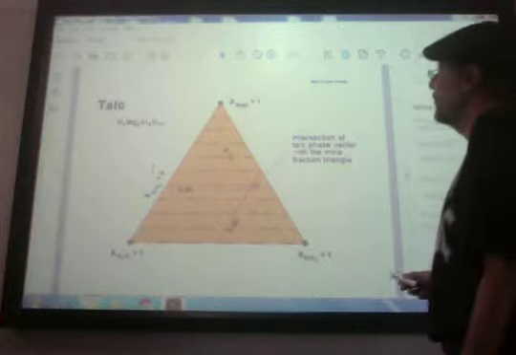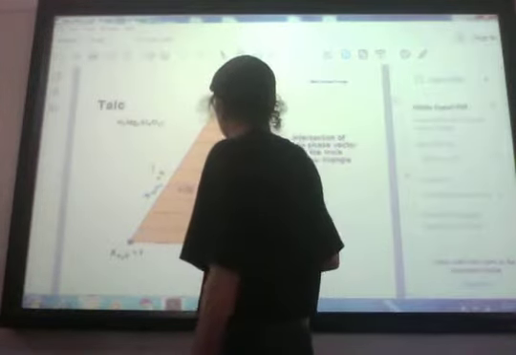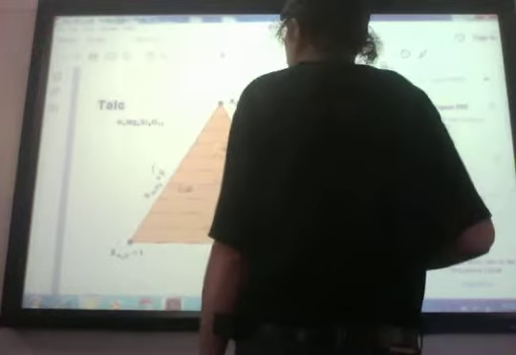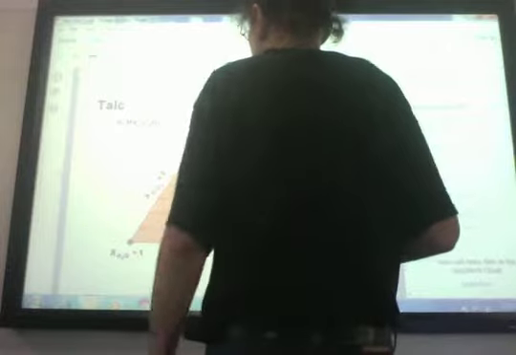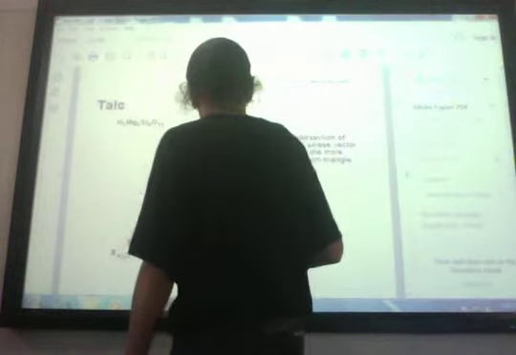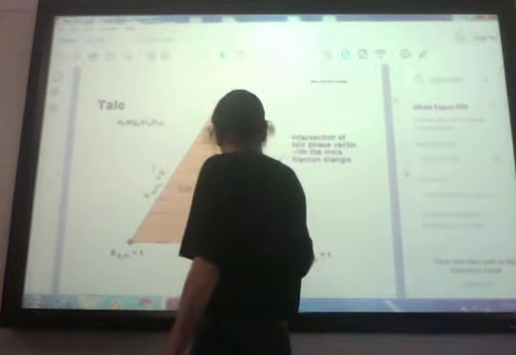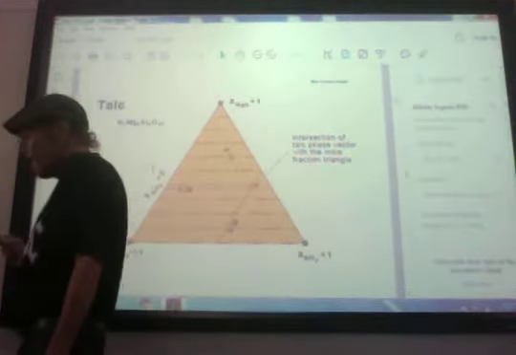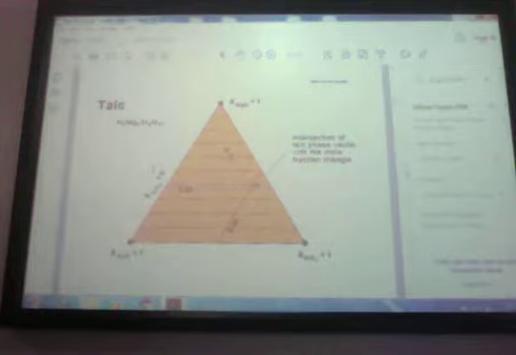And now we have this talc, and we would like to plot the talc in such a triangle. And therefore we have to figure out where this point is, yeah? So now we have to calculate the xMg, the xH2O and the xSiO2.